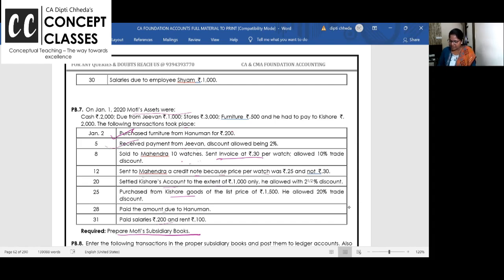So first transaction, purchased furniture from Hanuman, where we will record. Yeah. And these opening transactions also we record in the journal proper. On the first day of the financial year or calendar year, this is January. Cash is there, some party money is to be received, furniture is there, and we have to pay.